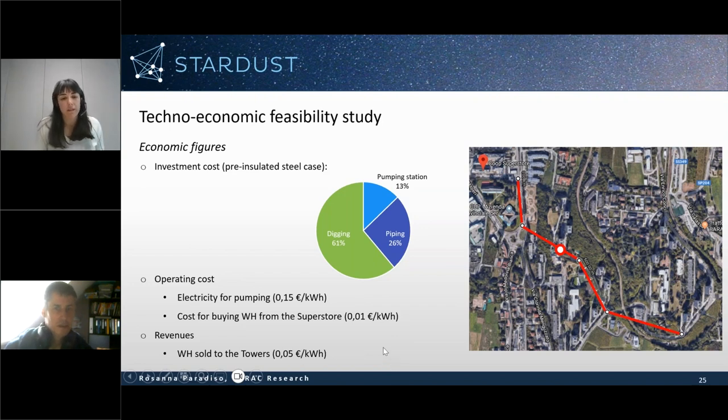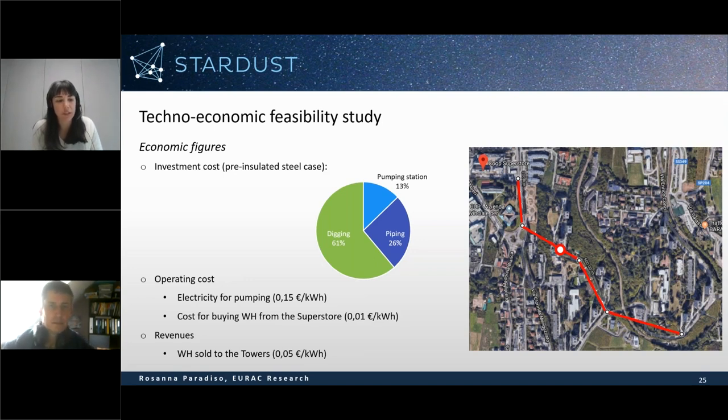Okay. Yeah, of course, this value is considering that the waste heat sold to the towers has been priced at 5 euro cents per kilowatt hour, which is more or less 50% of the cost of natural gas, which is so far the source for the heating demand of the tower.